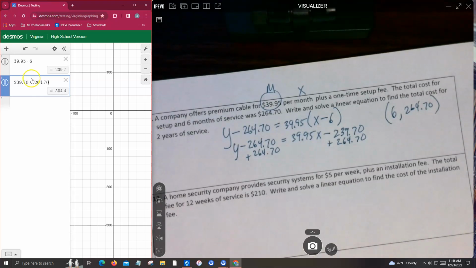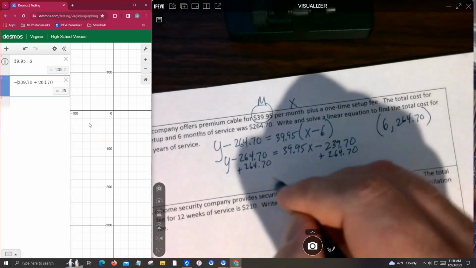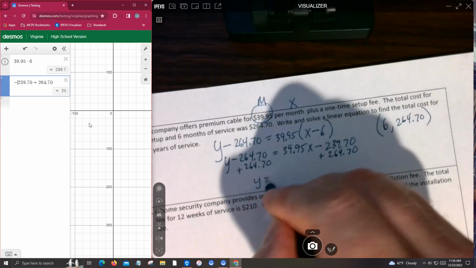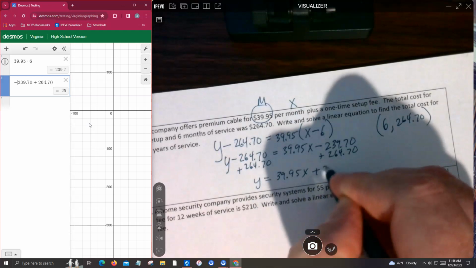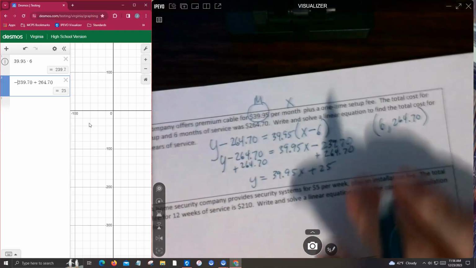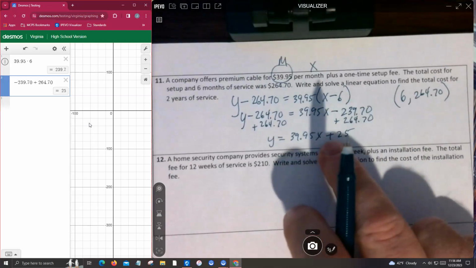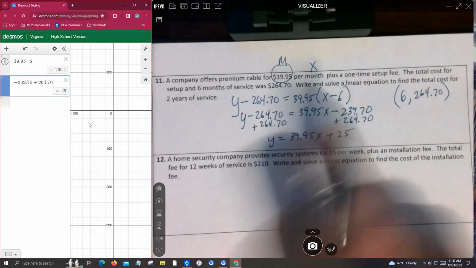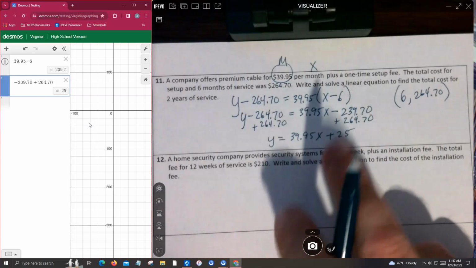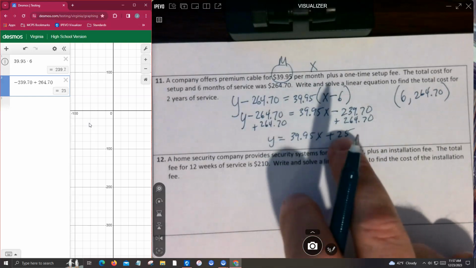Oh, wait, minus. What am I doing? This is a negative. All right, so it looks like $25. So y equals 39.95x plus 25. Same idea. This is not changing, so this must be the... it's not asking me that, never mind. But the one-time fee is $25. Well, we know that part.